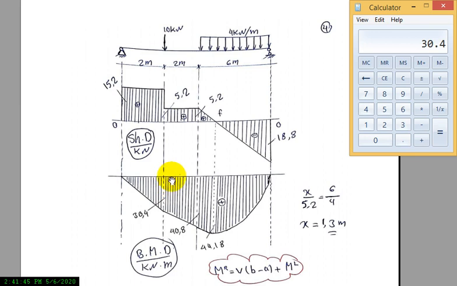This point is found. Then we find the area of this triangle: 5.2 multiplied by its length 2 equals 10.4, plus the left moment 30.4, is 40.8. This moment is obtained.